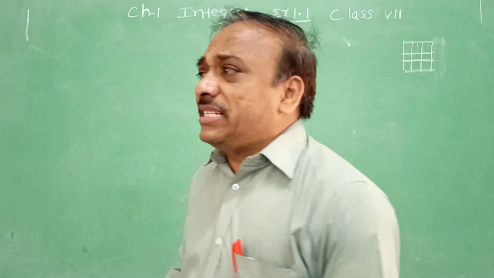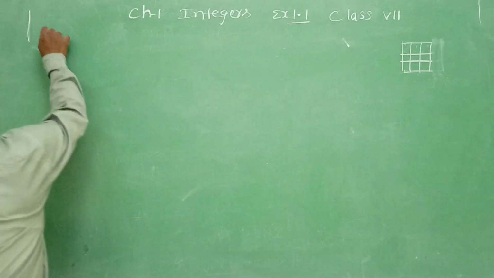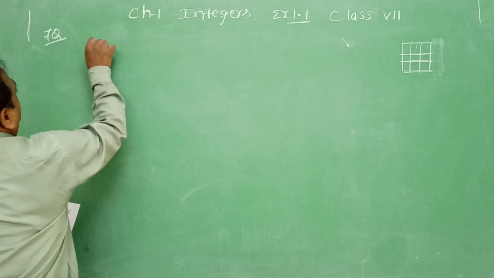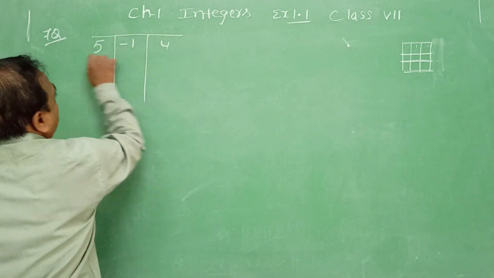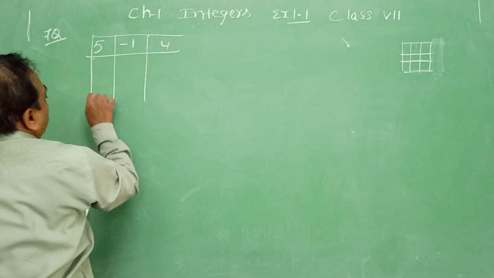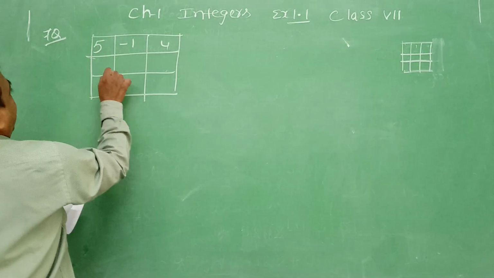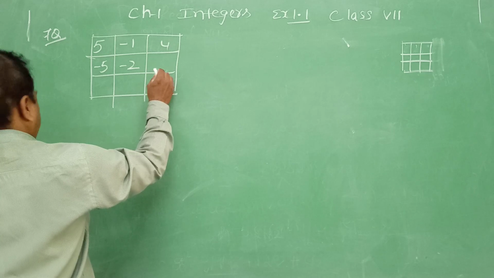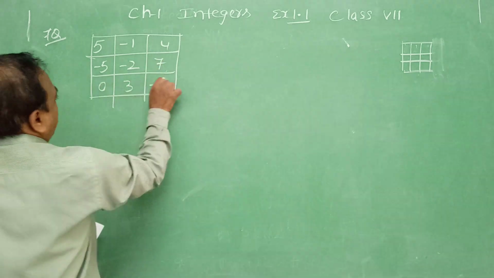Let us see one of them, question number 7. Seventh question: 5, minus 1, minus 4; minus 5, minus 2, 7; 0, 3, minus 3.